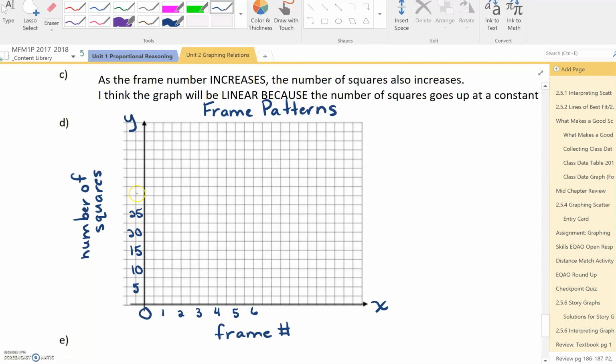So let's say we take the frame number 2. If I add 3, that does not give me 7. 2 plus 3 is actually equal to 5. So adding 3 is not necessarily going to work. So if you remember what Ms. Pardo had taught you, you take the plus 3 and you change it to a times 3. 2 times 3 is actually equal to 6, which still doesn't work because the number of squares is 7. So we have to figure out a way to get this equal to 7 by using that 3.